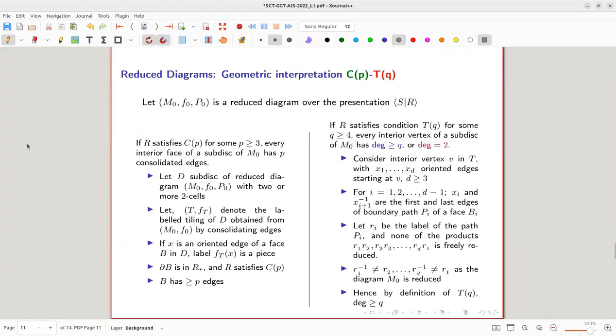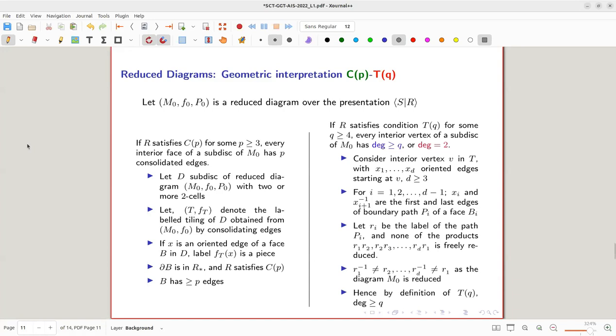So the interior face of a subdisk M naught, when it satisfies C(p) condition, has p consolidated edges, what we had drawn in the picture. So suppose this is a subdisk of the reduced diagram with 2 or more 2-cells. Okay, this is the subdisk. So what we consider here is a labeled tiling of this subdisk obtained from this diagram by consolidating edges. Consolidating edges means we are extending the edges whenever their degree is 2.